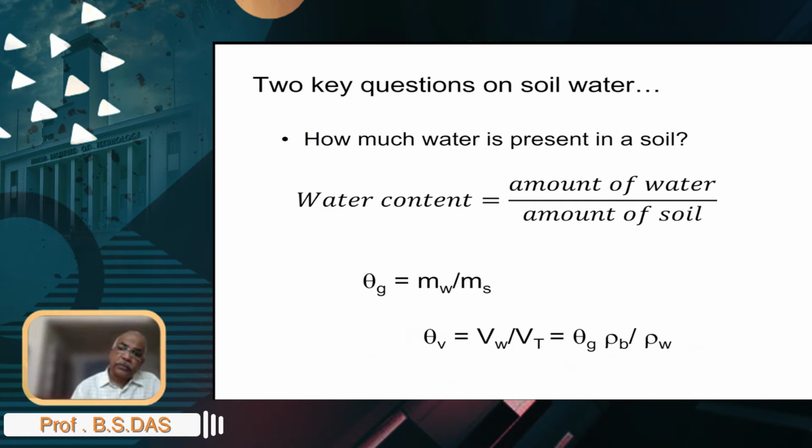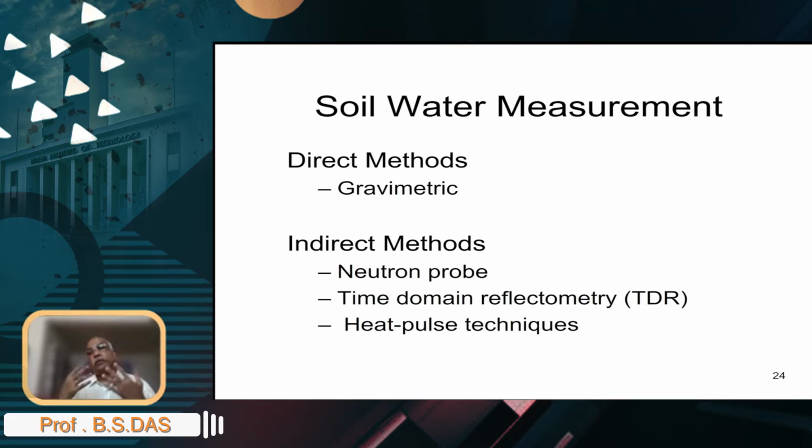So let's get into some of the methods of measuring how much water is present. If you look at these methods, you can essentially divide them into two parts: the direct method and the indirect methods.